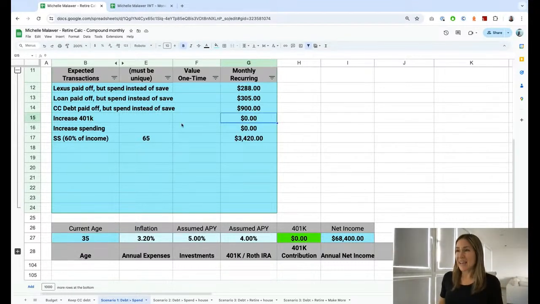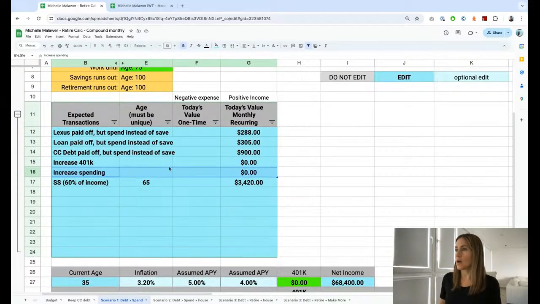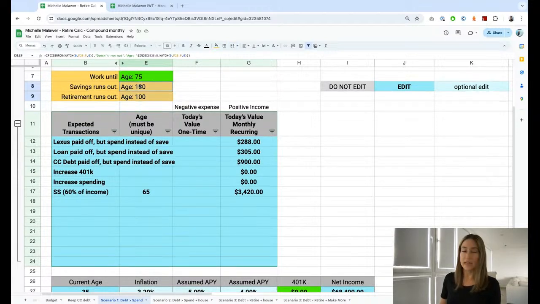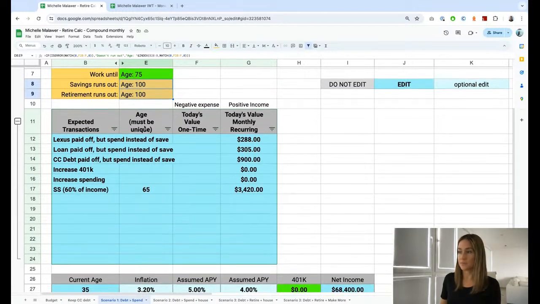That means that you can't increase saving to your 401k and you can't increase your spending. You just get this amount and that's it. You have to work to 75 and your savings will last you until about 100.